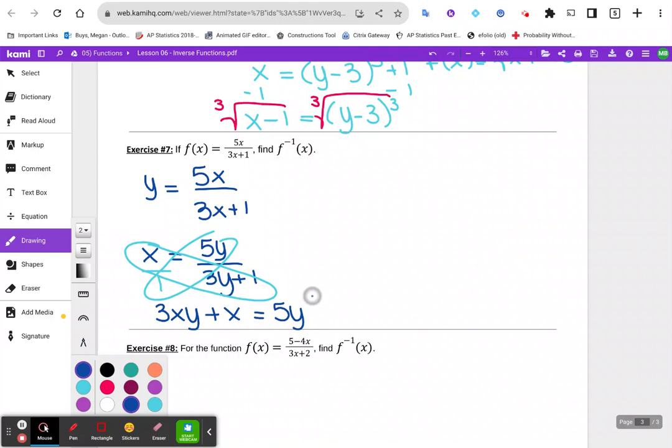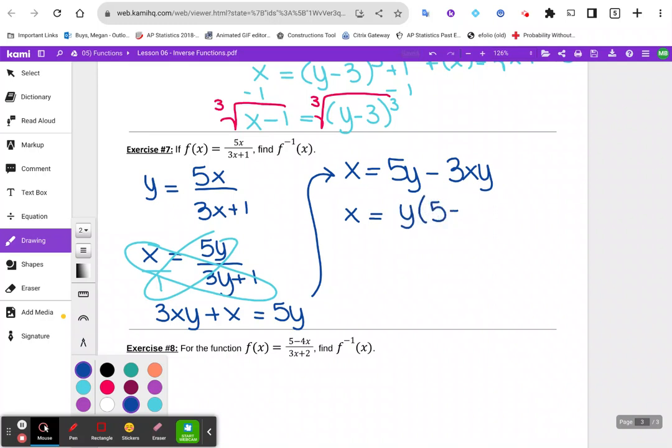Now, the part about this that gets a little tricky is you want to make sure that y is on one side. So I'm going to subtract, so I'm going to have x equals 5y minus 3xy. I'm going to use my factoring skills here where I pull out a y, because now I have y isolated.